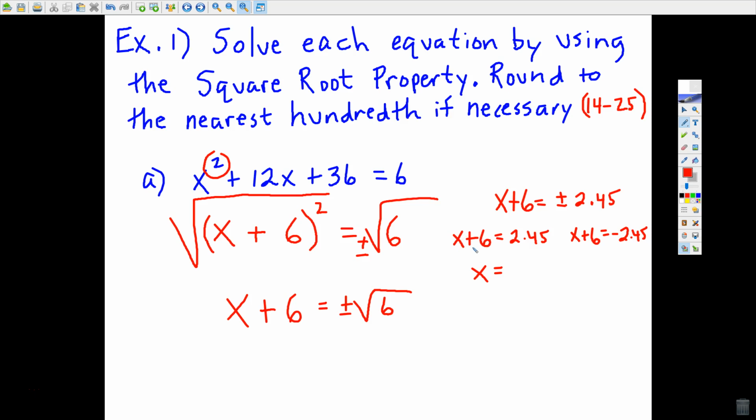So if you need to grab your calculator, 2.45 minus 6, and that's negative 3.55. Okay, over here we're going to subtract 6, but we start with negative 2.45 minus 6, and that's negative 8.45. And those are our two solutions. And that is an example of the square root property.